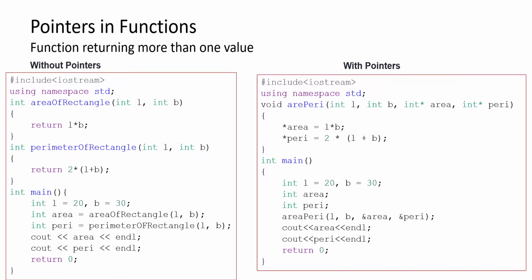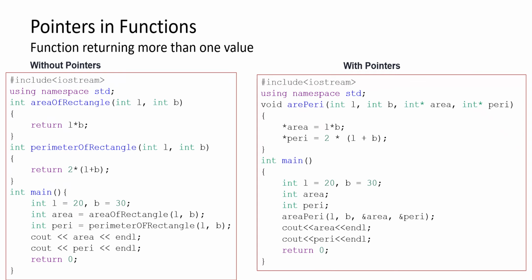Now observe the program. In the first program, one function returns area, another function returns perimeter. So two separate function calls are required. Now see the second program using pointers. The function parameters int *area, int *peri are pointers. Inside the function, *area = l * b, *peri = 2 * (l + b).